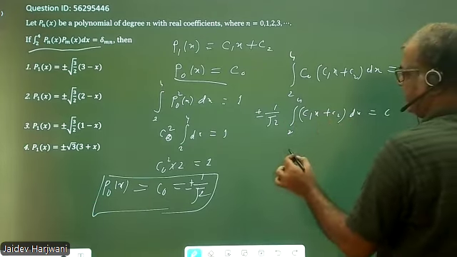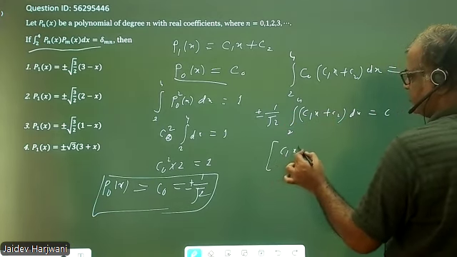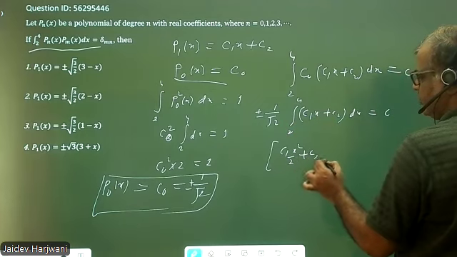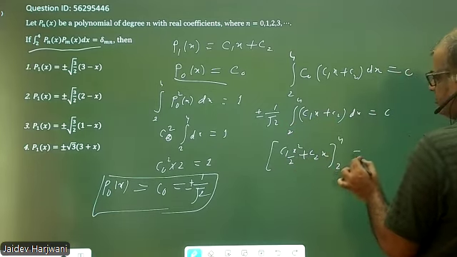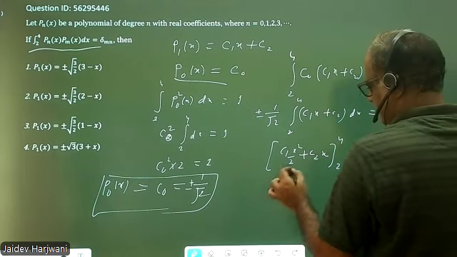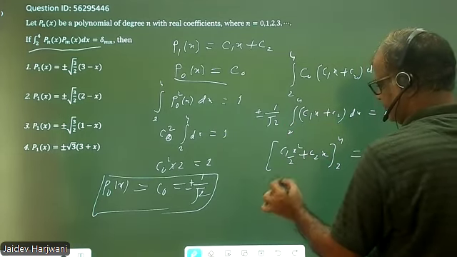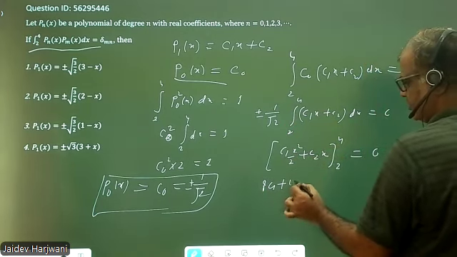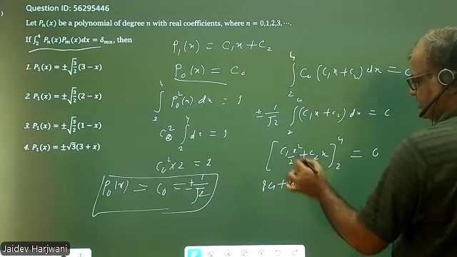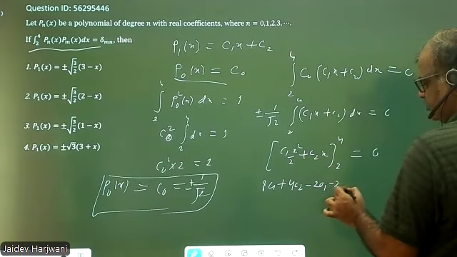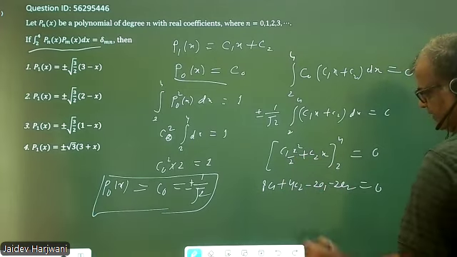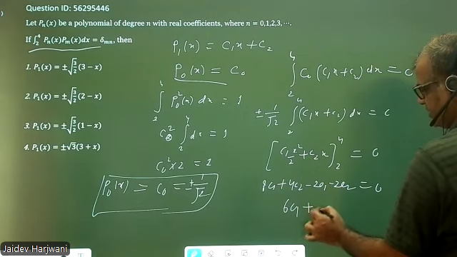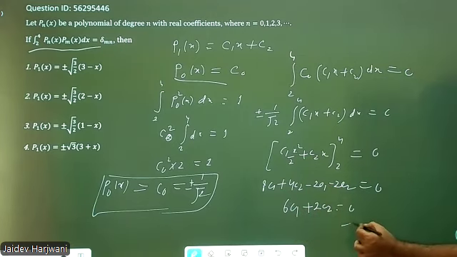And this gives me, integrating, C1 x squared by 2 plus C2 x from 2 to 4 equals 0. And this gives me 16 by 2 C1 plus 4 C2 minus 2 C1 minus 2 C2 equals 0. And this gives me 6 C1 plus 2 C2 equals 0. And this says C2 is equal to minus 3 C1.